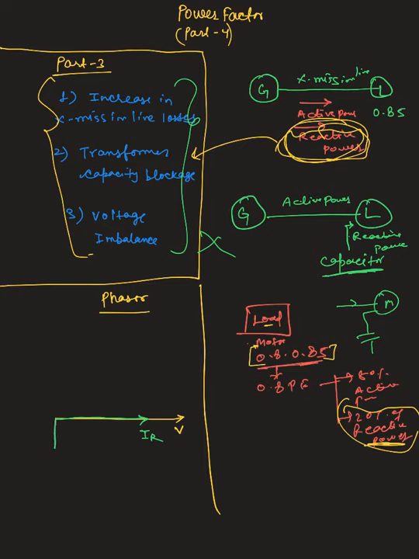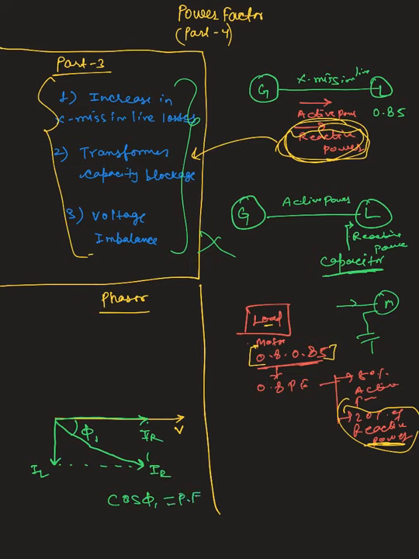And suppose this is your IL. Because of inductance, the motor will be having winding, and because of that there is a certain amount of inductive part, and obviously it will lag the voltage by 90 degrees. So somewhere here will be your IR, and this is your phi, let's say phi 1. So cos phi 1 will be the power factor. This is what happens in normal condition.